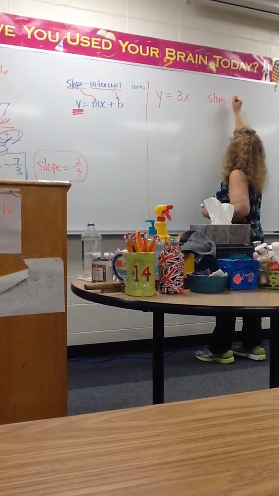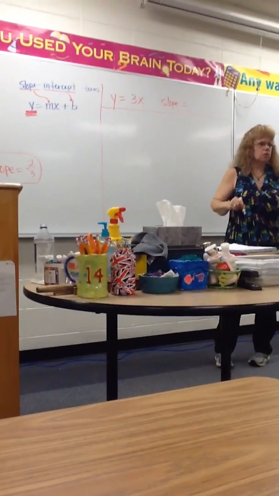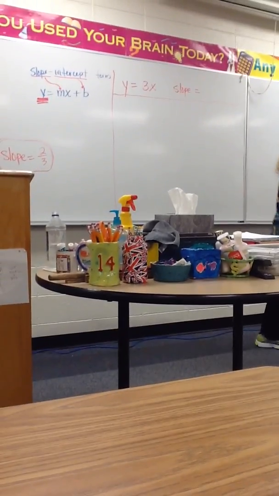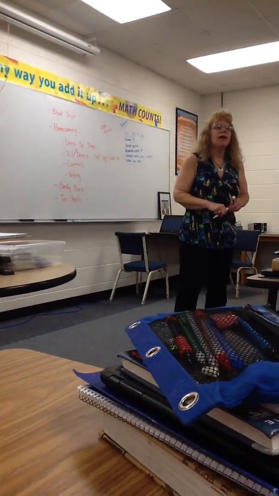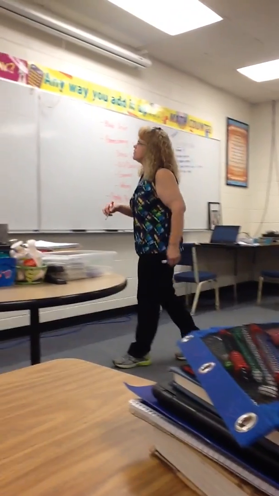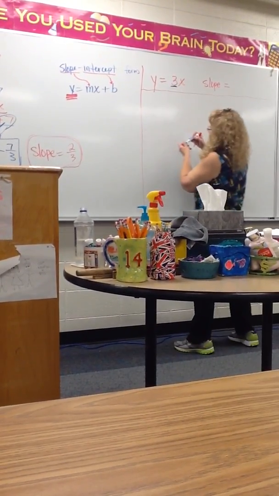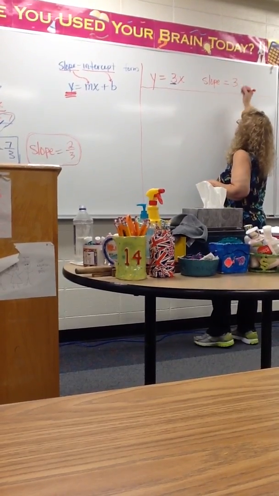What's the slope of that one? 3. Is it solved for y? Then the slope is whatever's in front of the x. Well, what's in front of the x? Right there. So the slope is 3.